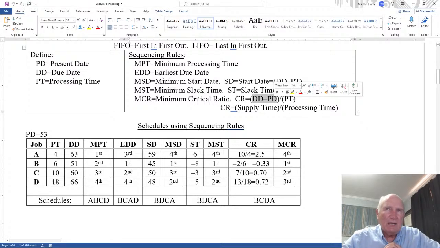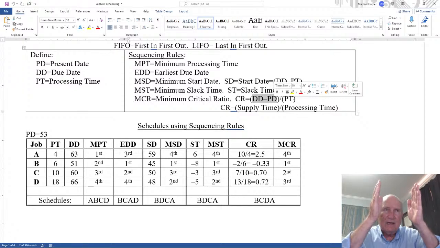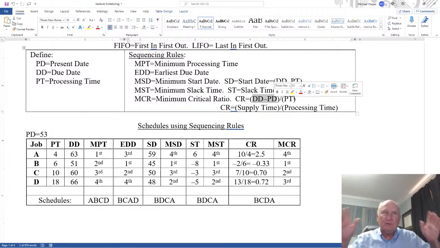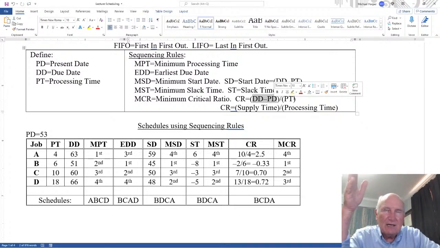What that implies is that the smaller the supply time, the smaller the critical ratio, and you want to schedule that early. The larger the processing time, the larger the critical ratio, so you want to move those to the end of the schedule. So that's the criteria with these two pieces of information.